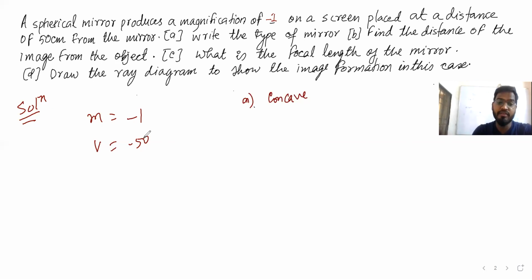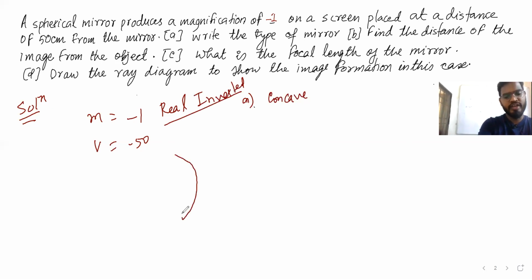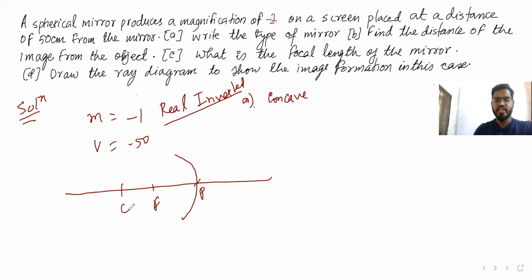Because magnification is -1, which means the image is going to be real and inverted. If it is plus, then it is virtual and erect, behind the mirror. So real and inverted. If you draw it, we can show pole, focus, center of curvature, and somewhere here it will form.